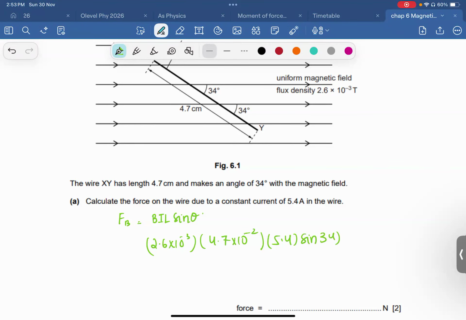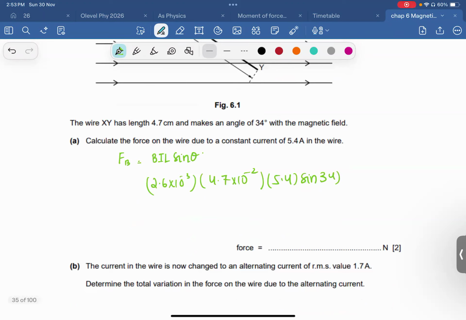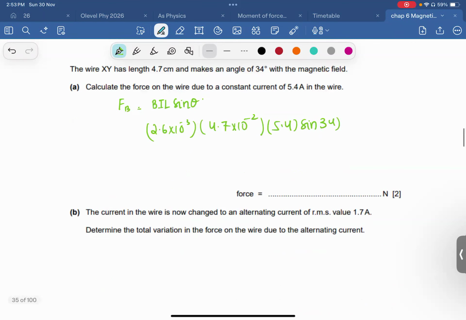How much? 3.5 × 10^-4. Okay, so 3.5. Yeah, 3.5. Wait, one sec.